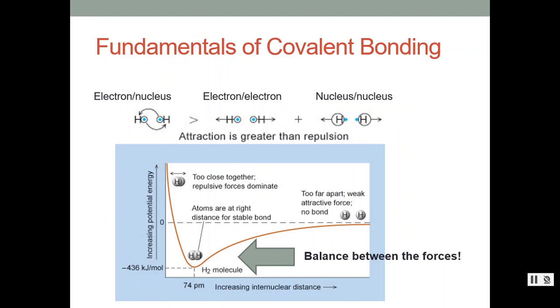Now let's talk a little bit about covalent bonding and the fundamentals of it. So with covalent bonding, for that sharing of electrons to happen between two atoms, for that bond to be successful, that attraction between the electron of one atom and the nucleus, which is positively charged, of the other atom needs to be greater than any kind of repulsion that may happen between electrons of those two atoms or between the nuclei of those two atoms.